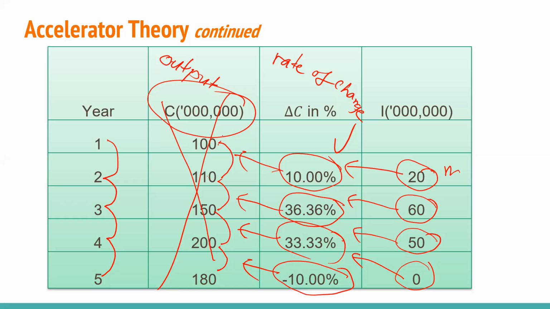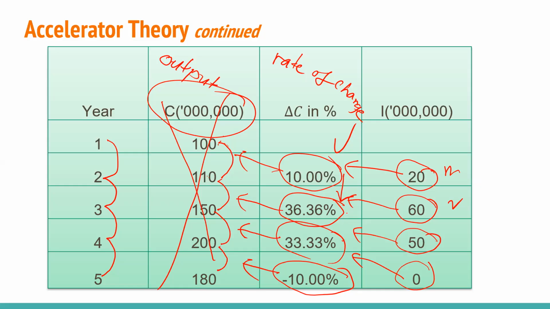As a result of that jump from 100 to 110, when the rate of change increases from 10% to 36%, a more than threefold increase, you can see what is happening. And these are just hypothetical values, by the way. He triples his investment from 20 million to 60 million.